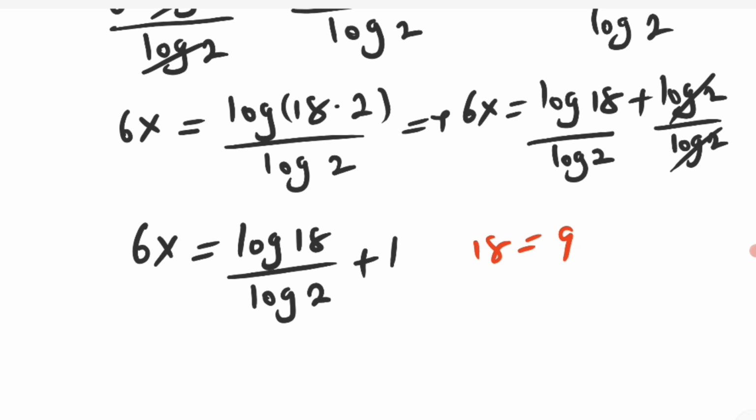Note that 18 is equal to 9 multiplied by 2, and then 9 is equal to 3 squared.